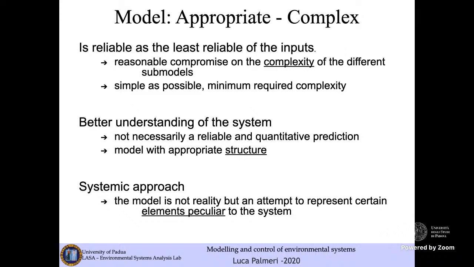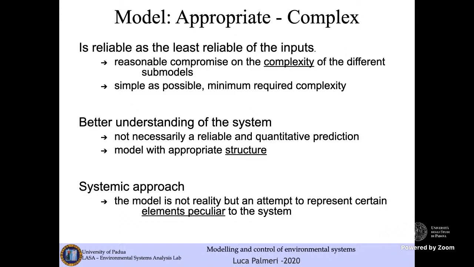The focus in the selection of the appropriate model should be that of selecting the simplest model possible, but with the minimum required complexity. Simple as possible meaning simple, but the model has to remain useful. So if you simplify too much, the model is not useful anymore.